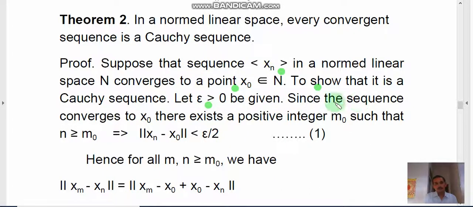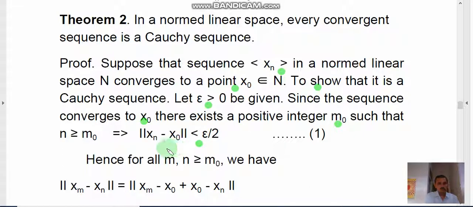Since the sequence converges to x0, there exists a positive integer m0 such that for all n greater than or equal to m0, norm xn minus x0 is less than epsilon by 2.